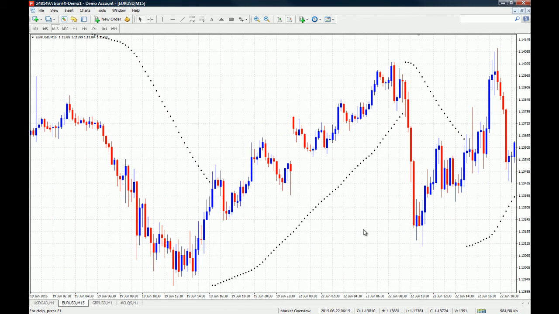Now, the first rule is that if you are looking to buy put options, it's because price is moving in an uptrend. If price is moving in a downtrend, you are looking to buy call options, okay?